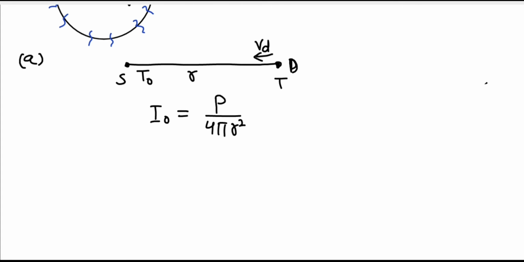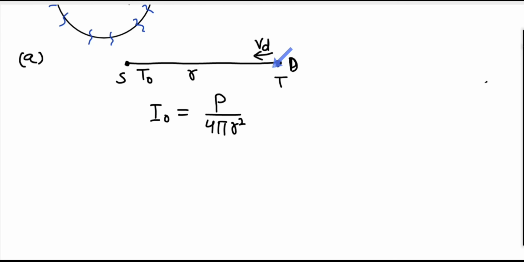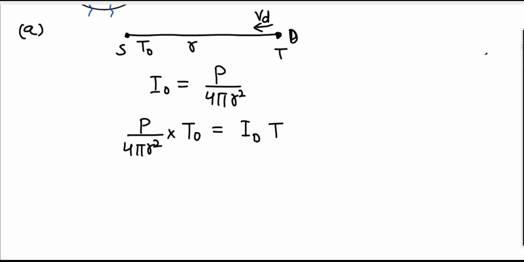If I apply the energy conservation principle for a unit area near the detector, that will tell me the intensity that will be observed at this point. So P by 4 pi r square, that is initial, into time t naught will be equal to the intensity observed by the detector, I_D, multiplied by the time period that the detector observes, that is t.